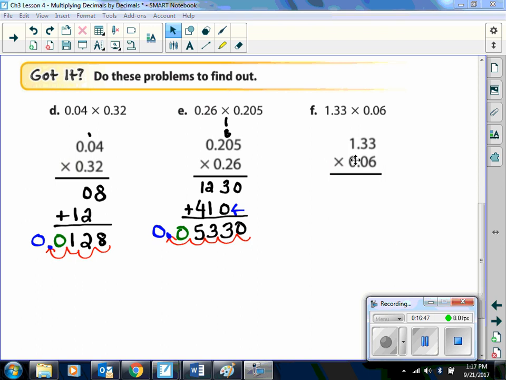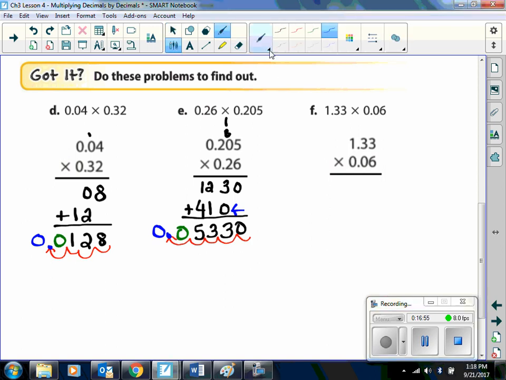On this one, we're just going to multiply like normal, right? So that's going to be 18, carry the 1, that's 18 plus 1, that's 19, carry the 1, and then 6 times 1 is 6, plus 1 is 7. Now, do I need to multiply these zeros?